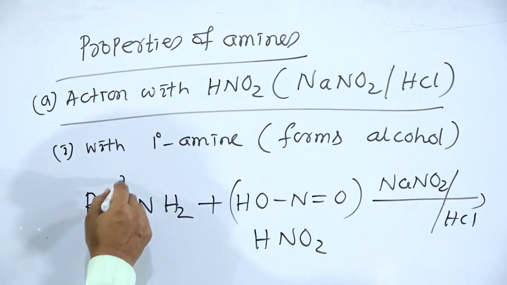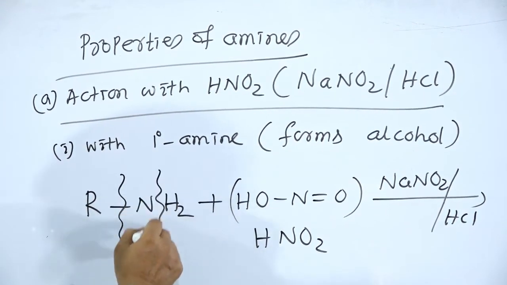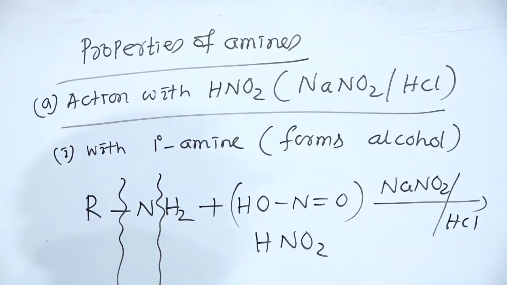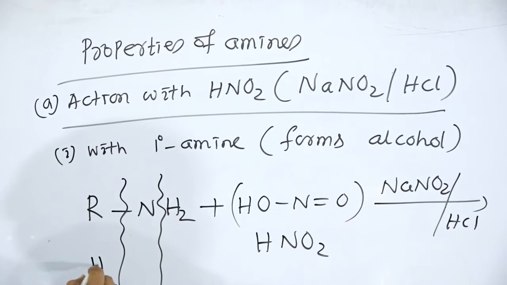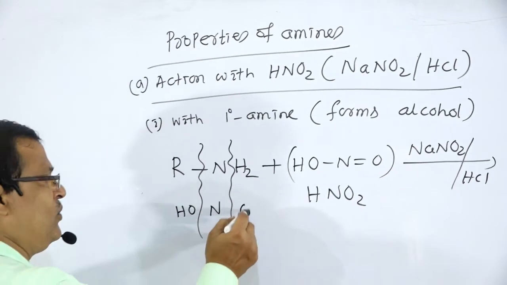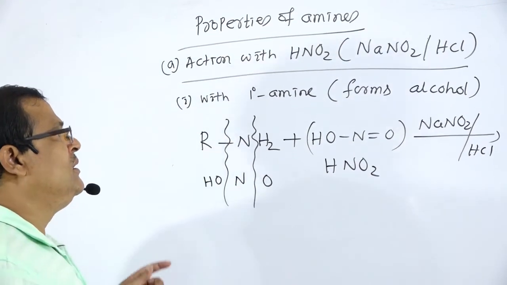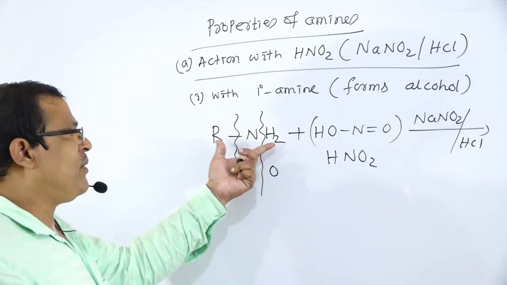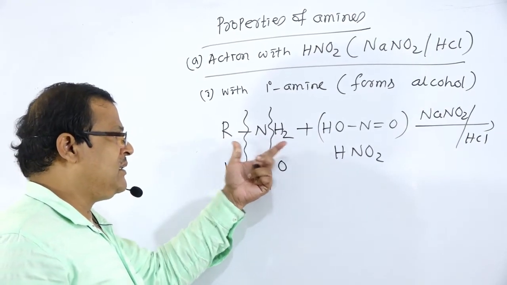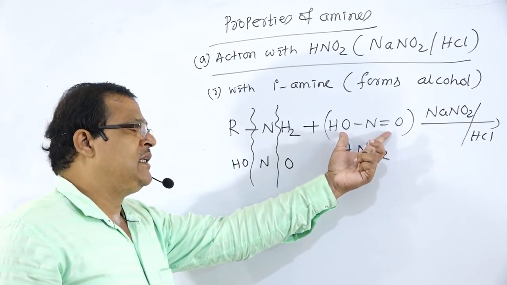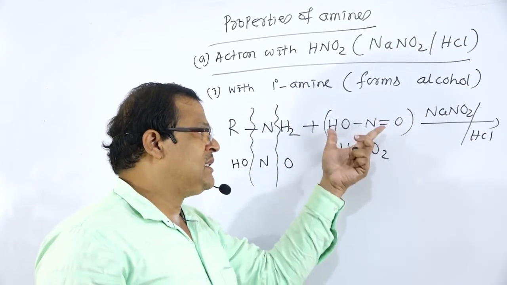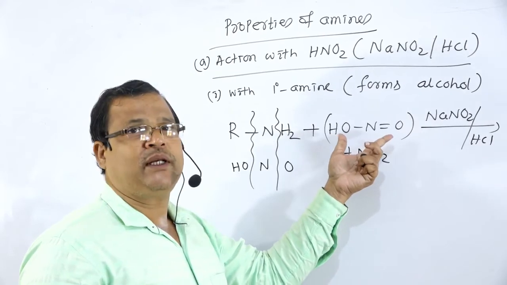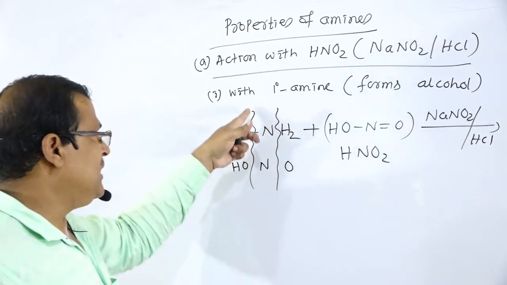This bond will break. Already we have explained that reaction under alcohols. What will be the product? RNH2, the formula for the primary amine, is treated with nitrous acid, which comes from NaNO2 and HCl. This nitrous acid has the bonding form HONO, so this bond will break.